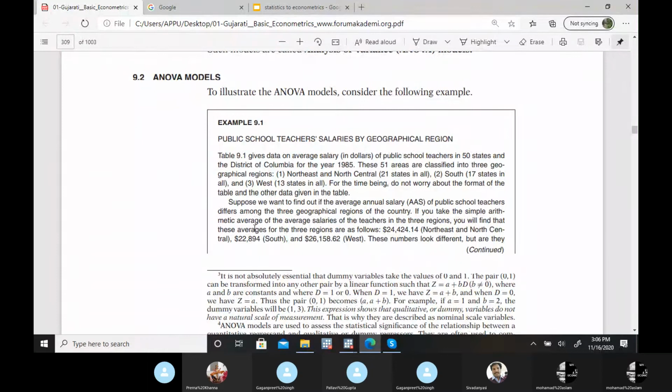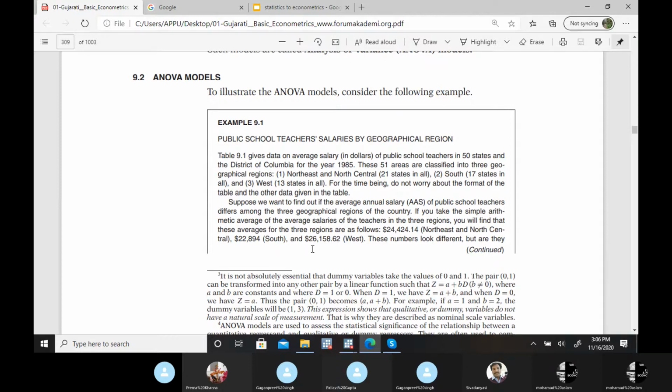Now, what we are interested to know is whether the average annual salary of public school teachers differs among the 3 geographical regions of the country. If you take the simple arithmetic average of the average salaries of the teachers in the 3 regions, let's suppose you get 3 different averages.